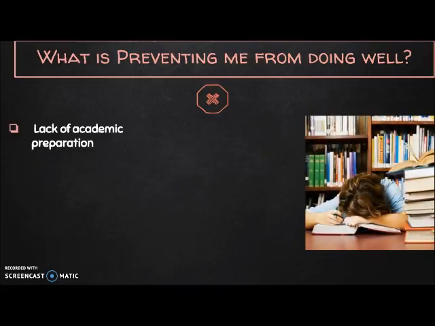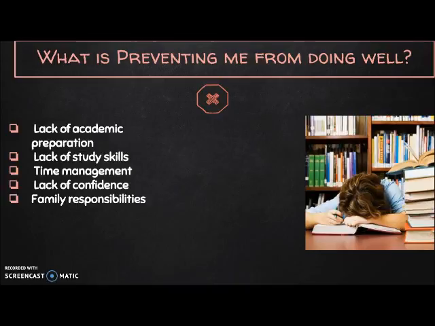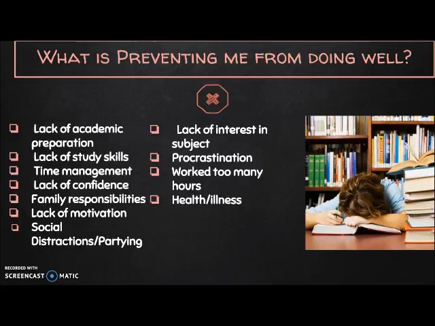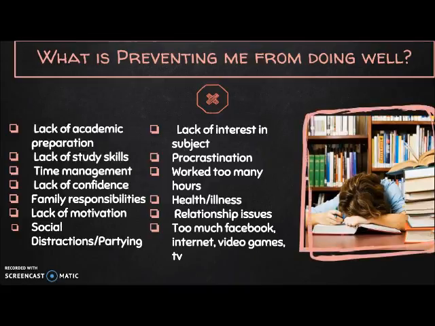Is there a lack of academic preparation, lack of study skills, time management, lack of confidence, family responsibilities, lack of motivation, social distractions like partying, lack of interest in the subject, procrastination, working too many hours, health and illness, or relationship issues, or just too much Facebook, internet, or videos? If you did any of these, you might want to reconsider what you can eliminate to be more academically successful.